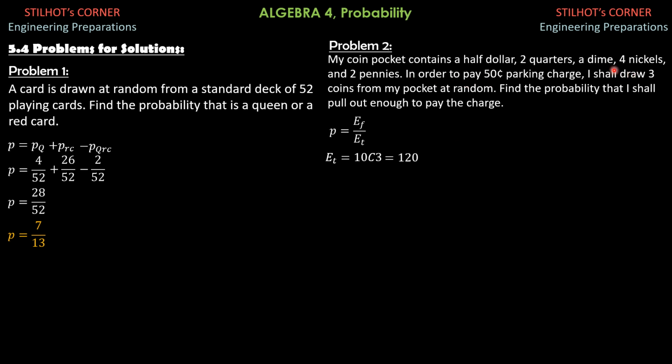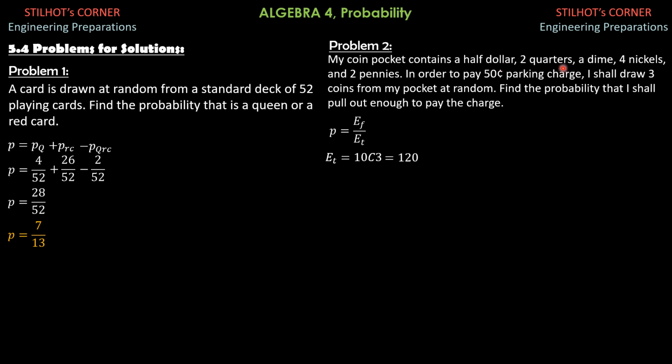2, because there are 2 quarters here. 2 quarters are enough. And the other possibilities would be any coins less than a quarter, excluding the half dollar, because this is already accounted for in the first situation.